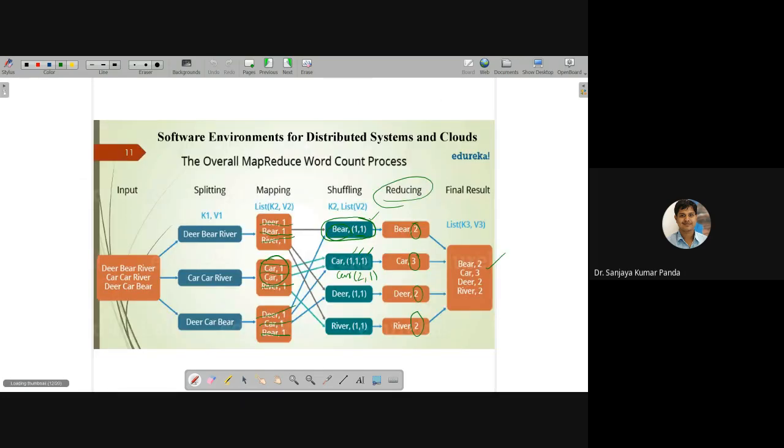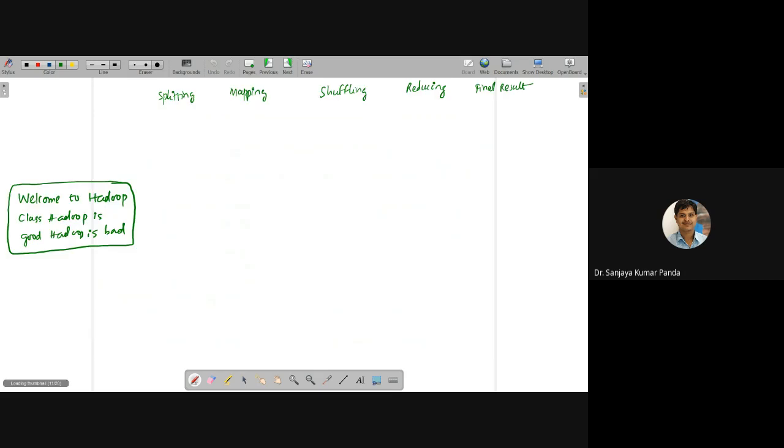You can take a snapshot of this example. Let me clear it. Take a snapshot of this example and solve by taking this file: Welcome to Hadoop. The class Hadoop is good. Hadoop is bad. You take this file as input. Then show the steps in the splitting, mapping, shuffling, reducing, and final result steps.